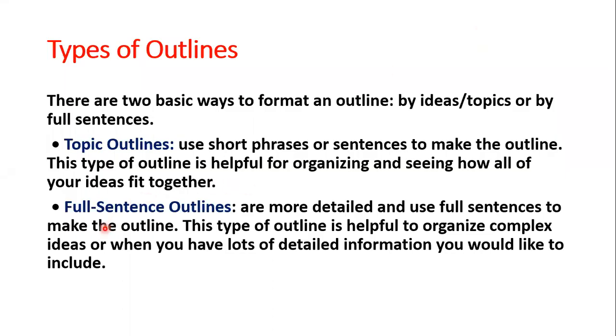Full sentence outlines are more detailed and use full sentences to make the outline. This type of outline is helpful to organize complex ideas, or when you have lots of ideas, details, and information and you want to include all those concepts together.